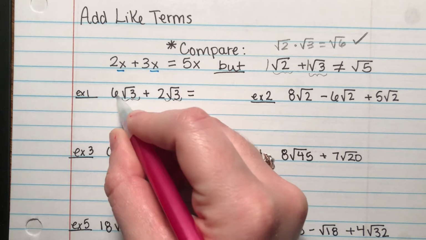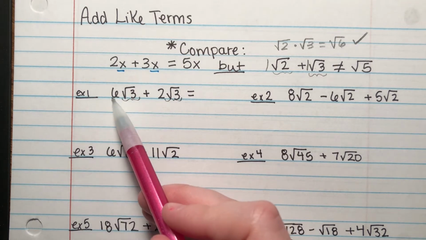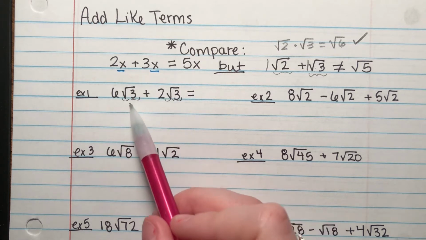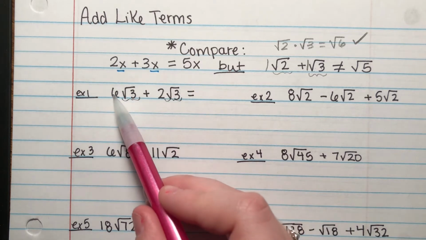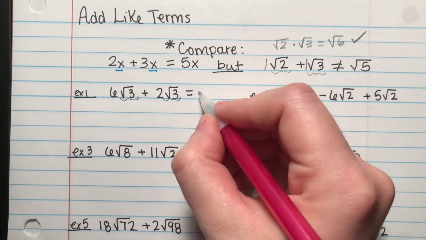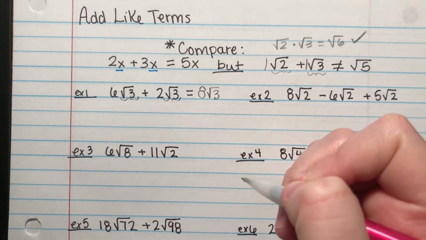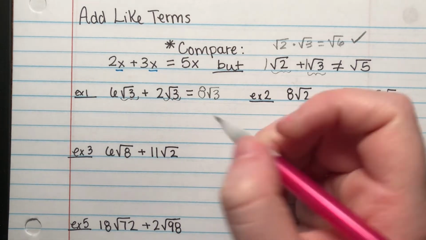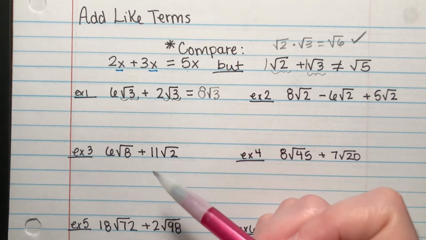Remember, I'm just dealing with my coefficients here. I can't add the numbers inside the radicals, so I'm just going to add the 6 and the 2, and that's going to give me 8 square root of 3. Just like here, I only added my coefficients. My variable stayed the same.